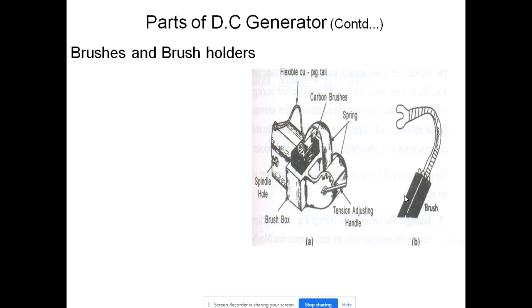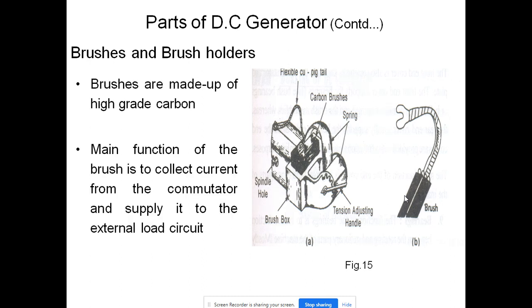And the next one is brushes and brush holders. Mainly these brushes are used to collect the current from the commutator. These are made of high grade carbon, and these brushes collect the current from the commutator and supply it to the external load circuit.